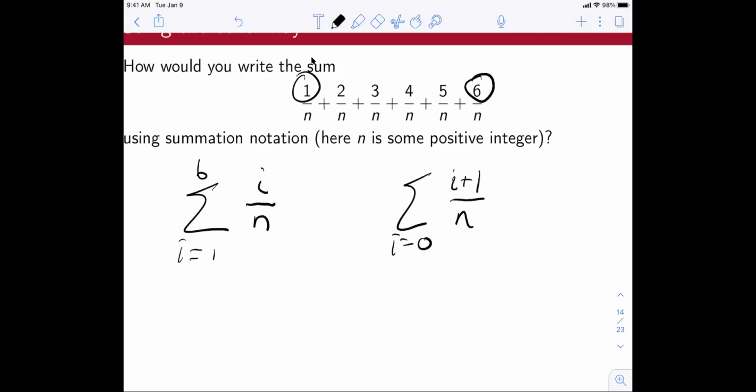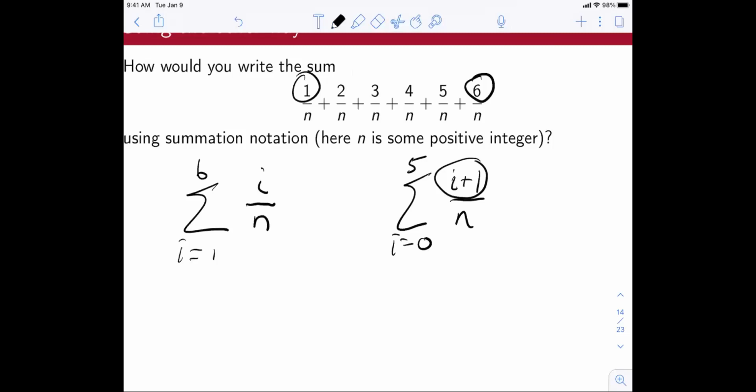And then what does the sum stop at? 7. Careful. 5. Yeah, we want the last term to have 6 on top. Well, that's when i is 5 in this case, right? So writing a sum in sigma notation is not unique at all. There are infinitely many ways I could write this just by starting the sum at different points.